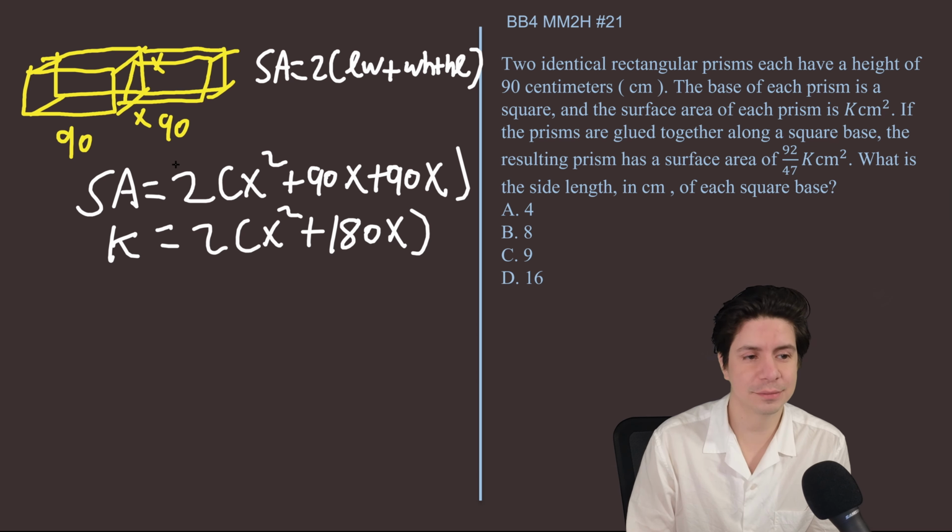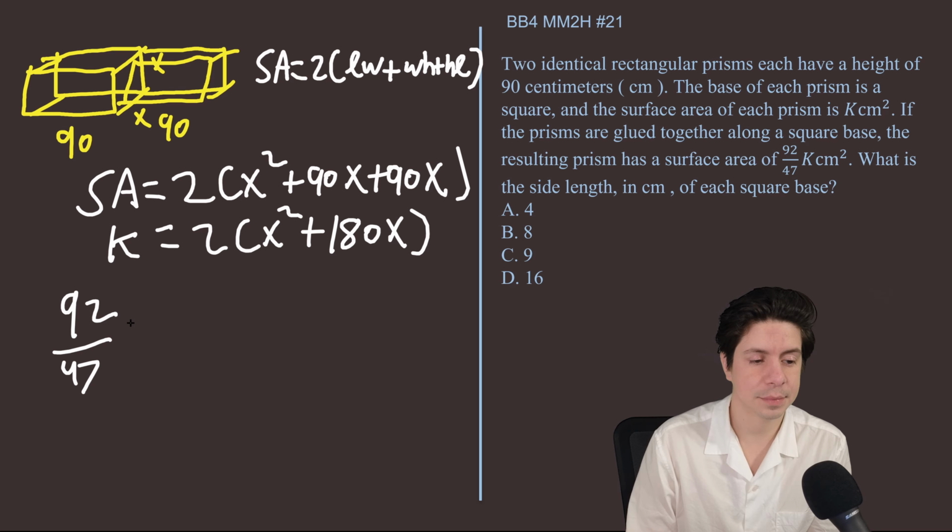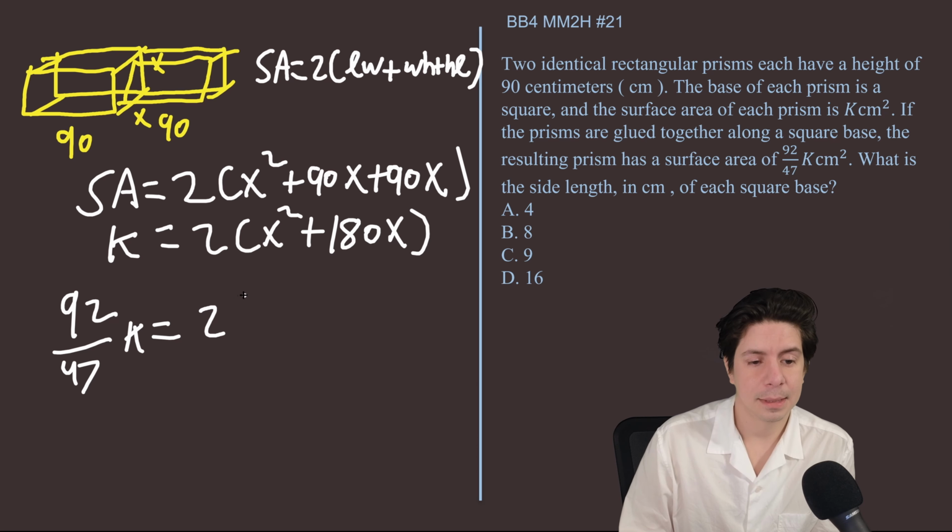So for 2 prisms, the middle part that's pasted together disappears, so we still only have 2 bases. So we'll still only have x squared, so we're going to have 92 over 47k equals 2. The bases are the same, x squared. But now instead of 180, the height has doubled.